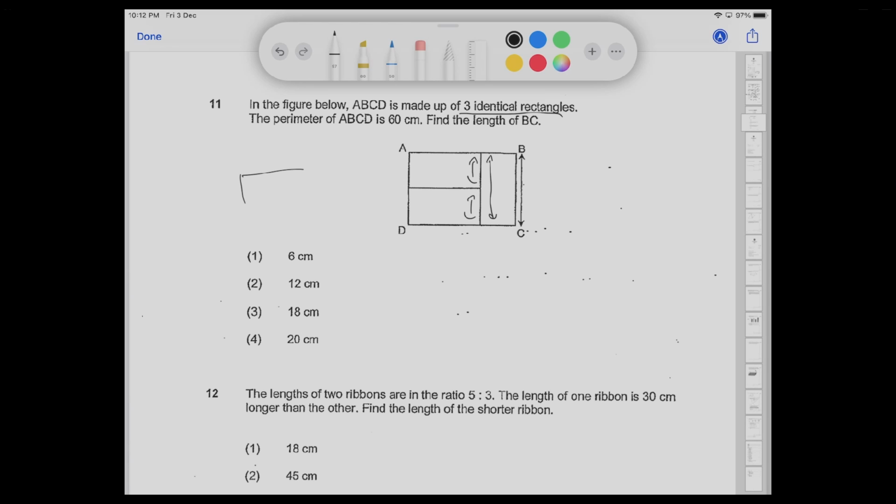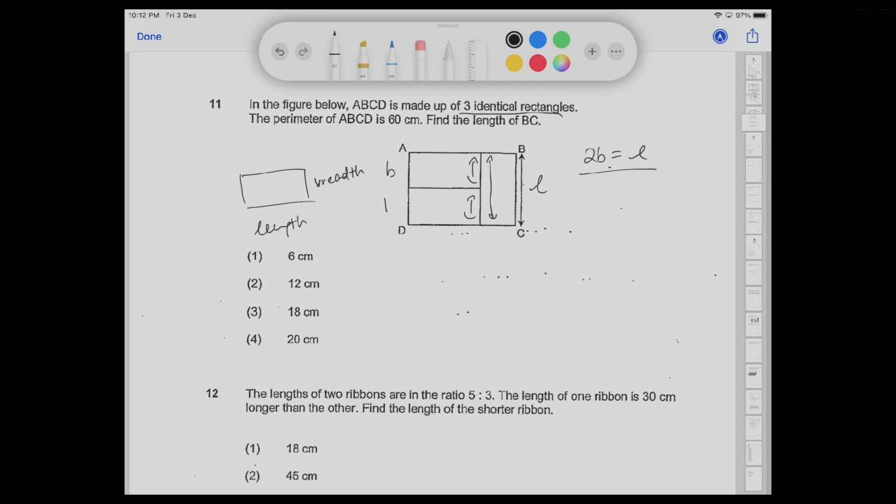A rectangle essentially only has its length and breadth. So clearly what this question is hinting to us is that this length is 2 times its breadth. It's just a ratio that we have to take note of.